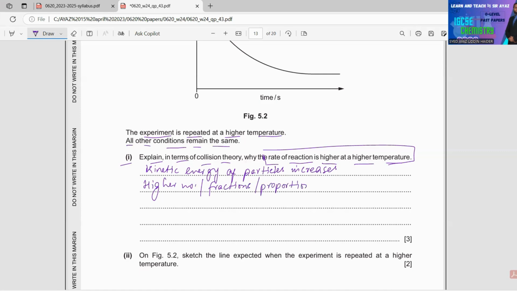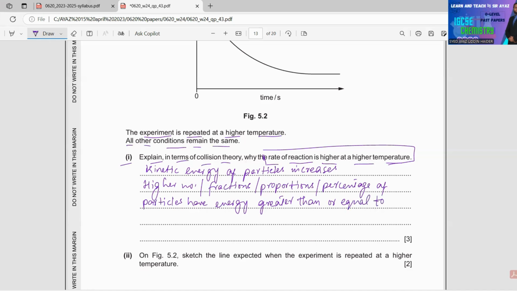Or you can even write percentage of particles have energy greater than or equal to activation energy.